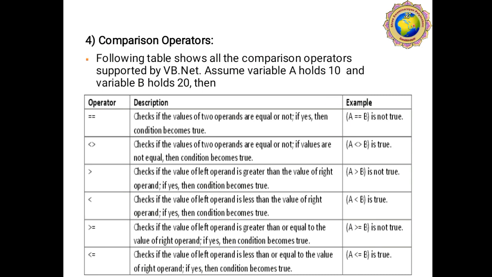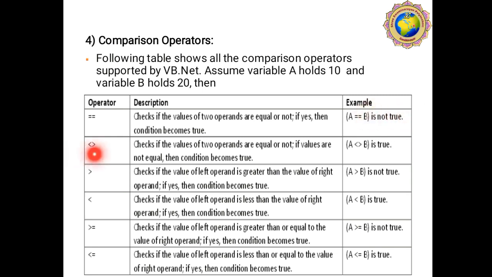So if A = B, 10 equals 20: is it true or false? Obviously this condition is not satisfied, so the answer from the equal operator is not true.